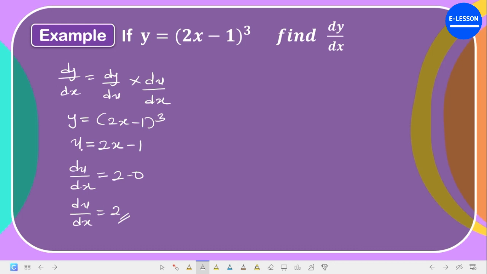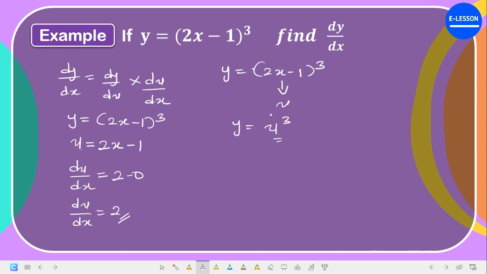Now recall that you said let u be equal to 2x minus 1. So your y, normally 2x minus 1 raised to the power of 3, but you said let u be equal to 2x minus 1, so your y will be equal to u raised to the power of 3, because your u is 2x minus 1.